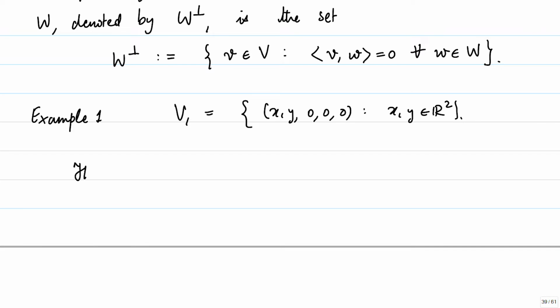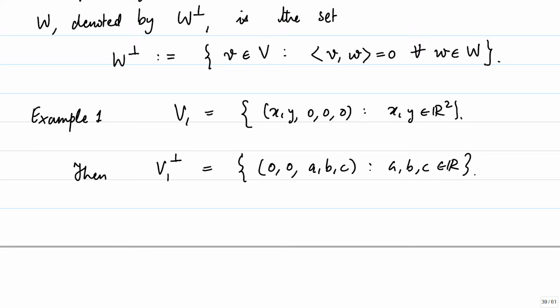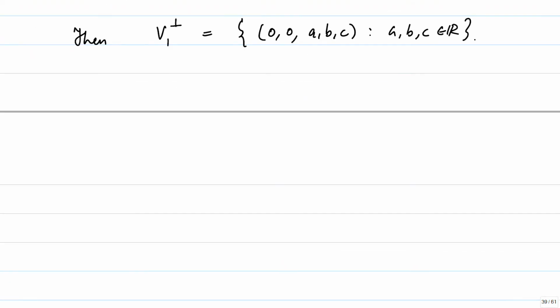Then V1 orthogonal, my claim is that this is nothing but all those vectors which are of this type. So let us see if that is the case.